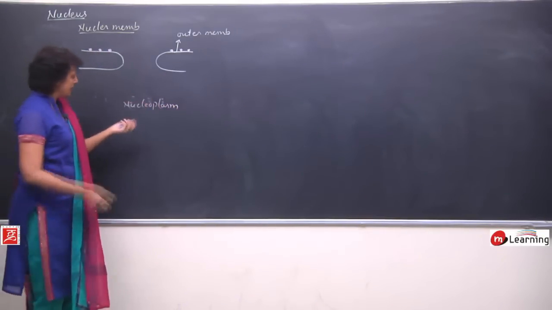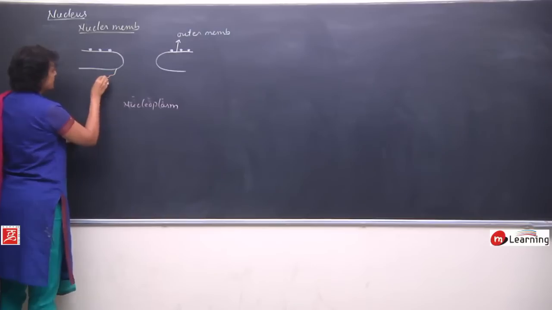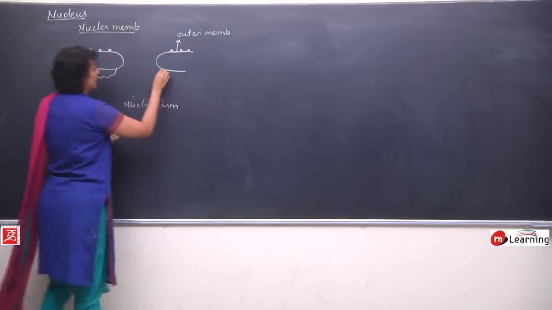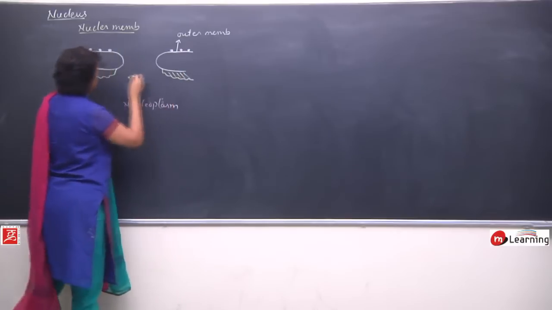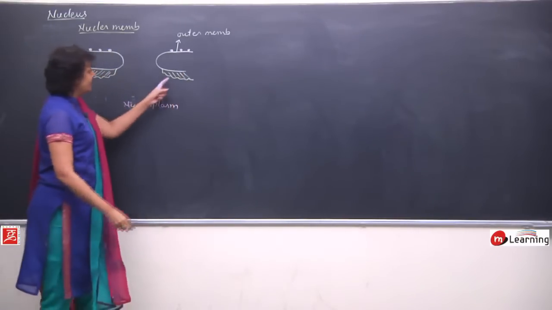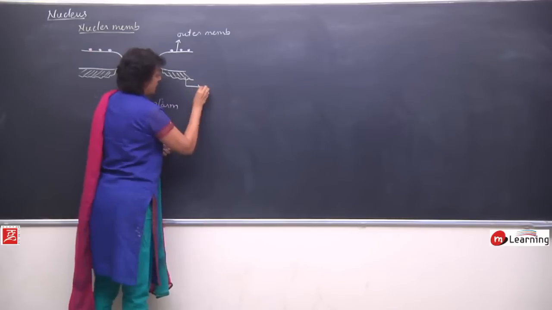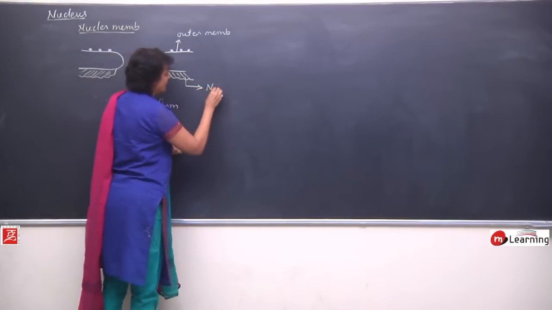The inner membrane is supported by some fibrillar proteins. This fibrillar protein is known as lamin, and this layer is called nuclear lamina.